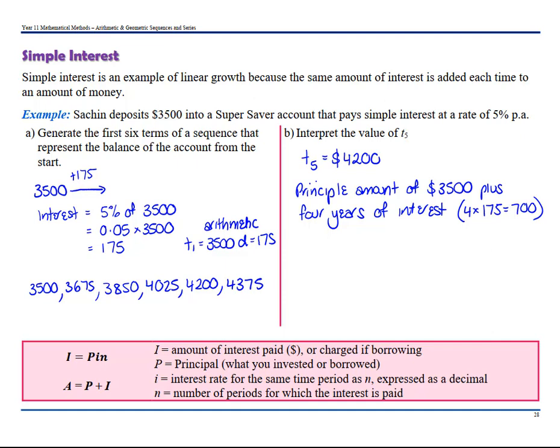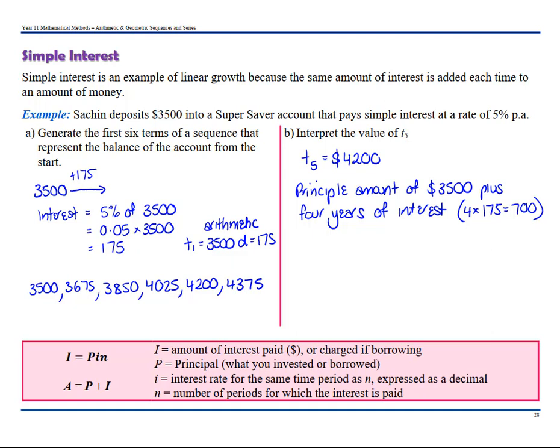So, and now on the bottom, I've just got the formula for simple interest. I equals PiN, where P is the principal, what you invested or borrowed, and N is the number of periods for which the interest is paid. Okay. Notice the difference between capital I and little i.